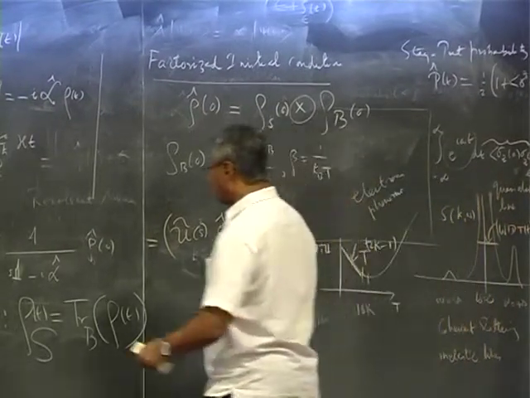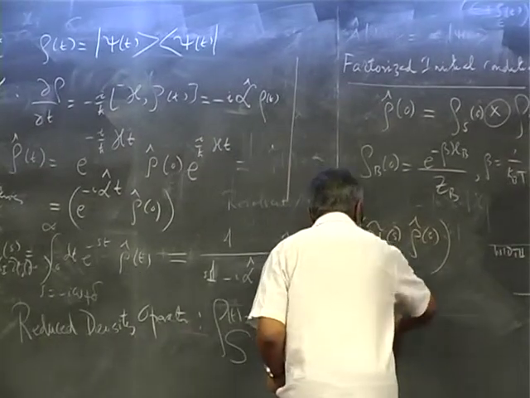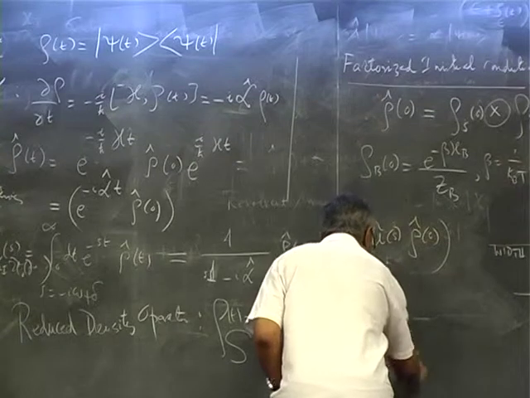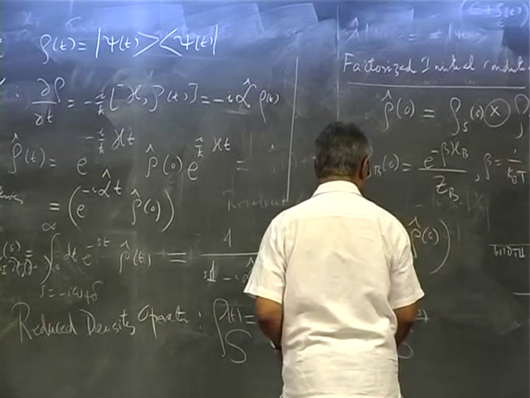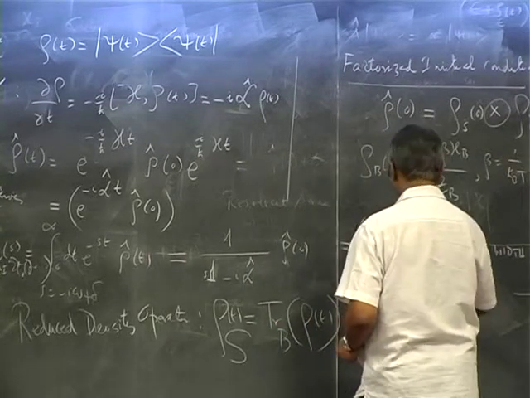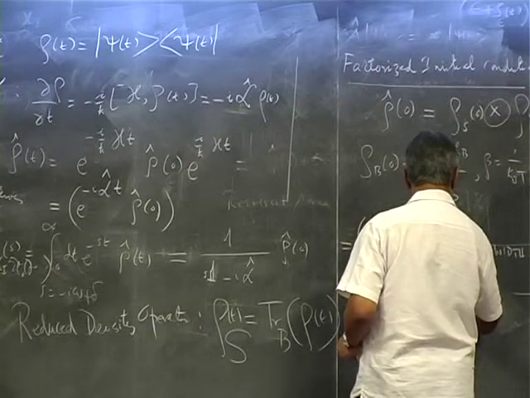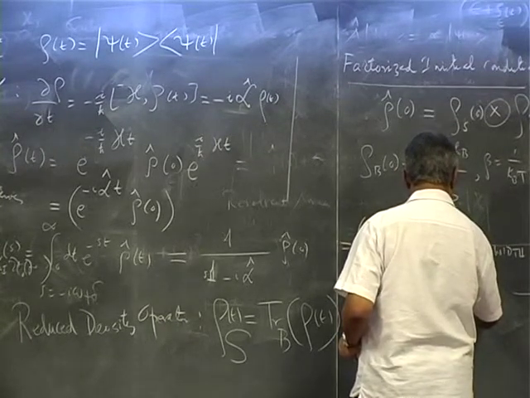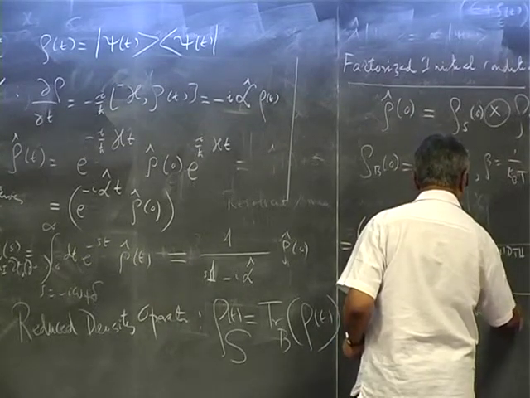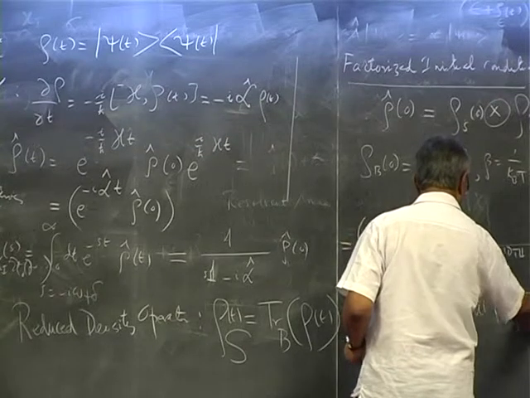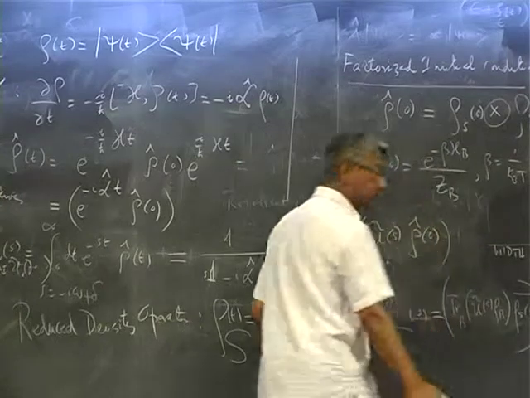And so my reduced density operator, and in particular its Laplace transform, don't get confused between this capital S, which is for the system, and this little s for the Laplace transform, is now a trace over B, having used the factorized density operator method, of U of s, rho B, times rho S at time t equal to 0, and this is what you want to calculate.